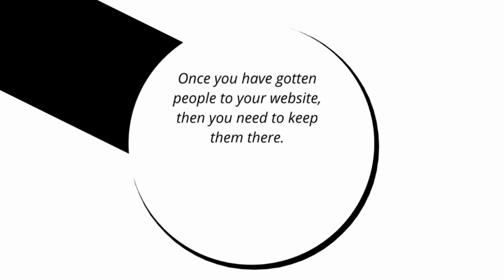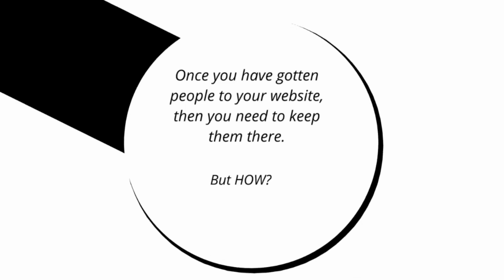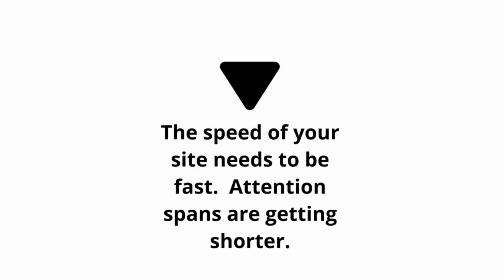So the big question is how do you get them to stay on your website and get fully engaged? Well, first things first, the way we've laid this video course out is to make sure that the speed of your website is fast, because a lot of times people overlook this factor and go straight to the engagement plugins or straight to the content, and they don't know why people leave.